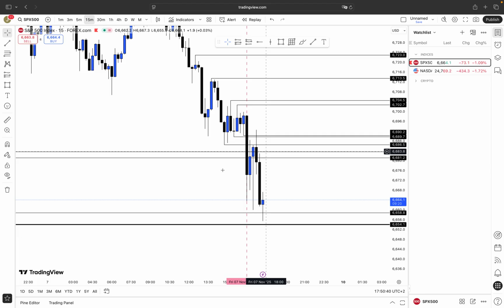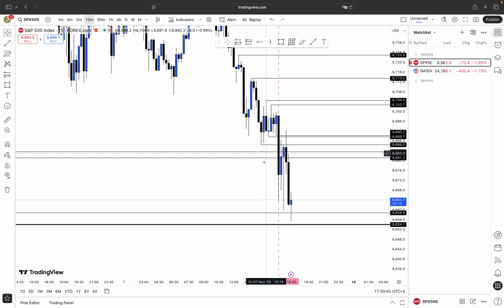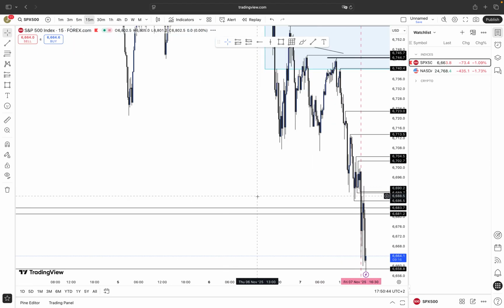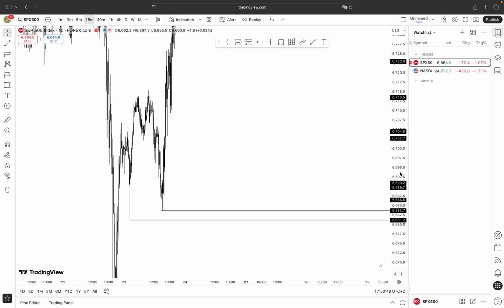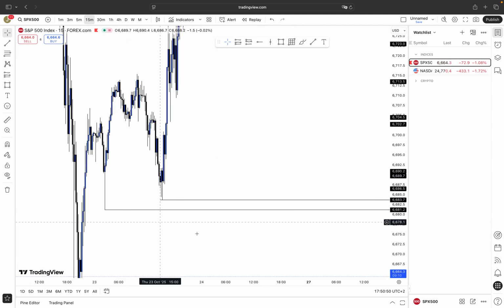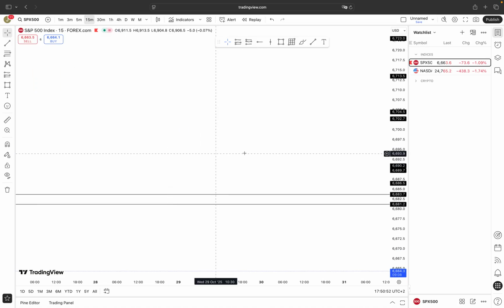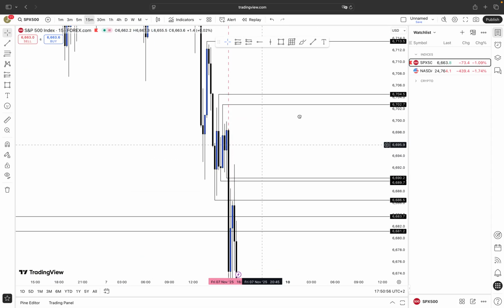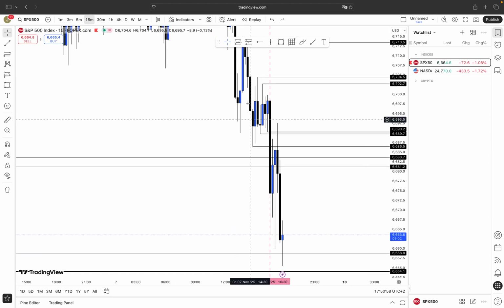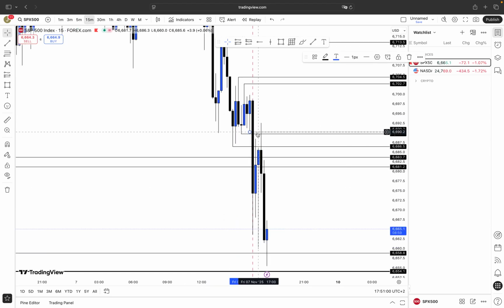But as you can see, I marked out all these low resistance liquidities that we had. Also, all the way back here, we had these high time frame relatively equal lows, which is a high draw of liquidity. As soon as market opened up, we took out all this liquidity one by one. So let's erase all these liquidities.